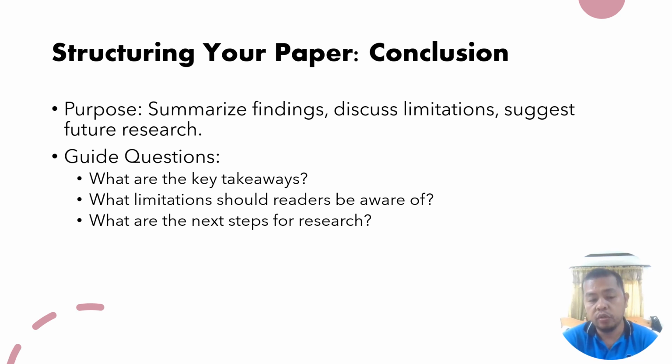And after your conclusion, of course, you will write your references. Now remember that your referencing and your in-text citations depend on the format. In the social science field, the APA format is being used, but in other disciplines such as theology, they use Turabian. And other disciplines depend on the journal where you want to submit your paper.